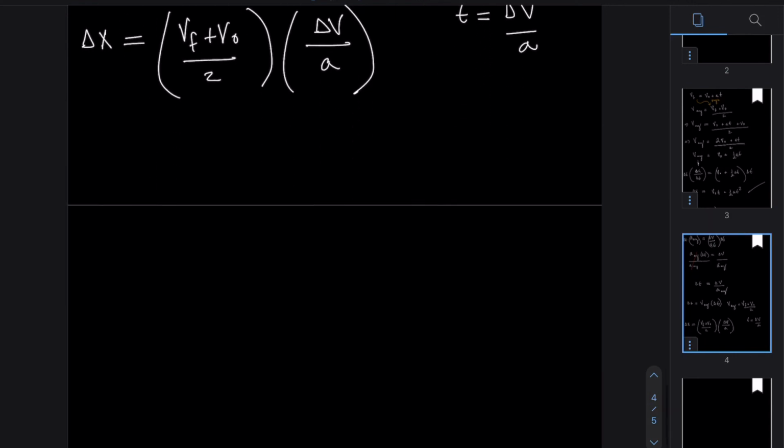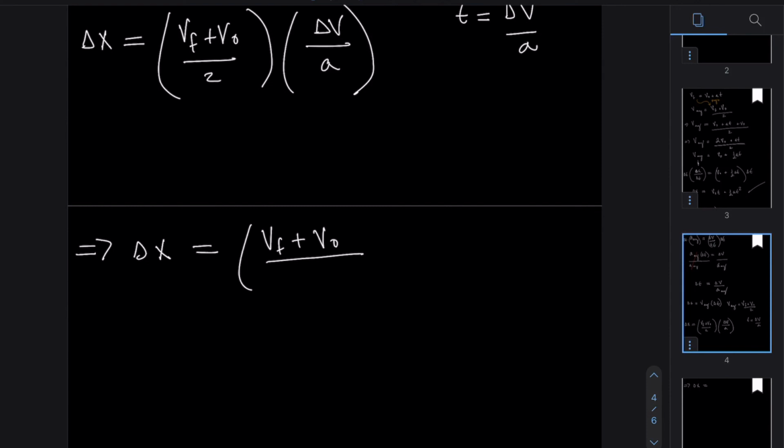We know that delta v can be rewritten as v final minus v initial, right? So let's just rewrite the whole thing. Displacement is equal to v final plus v initial over 2 times v final minus v initial over acceleration.